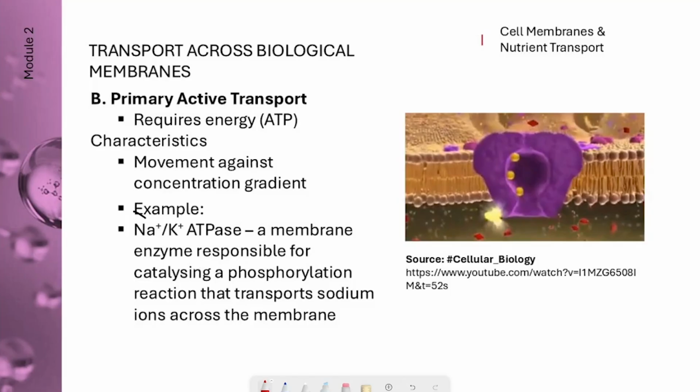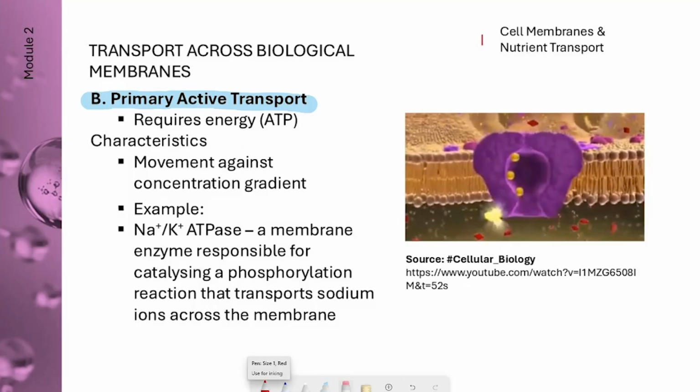So in this slide, we're going to explain primary active transport, look at its characteristics, and explore how it works in relation to secondary active transport.